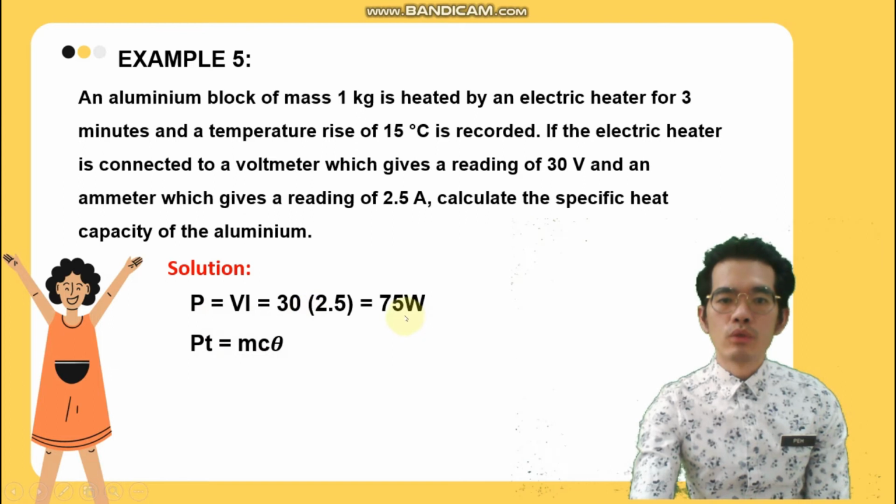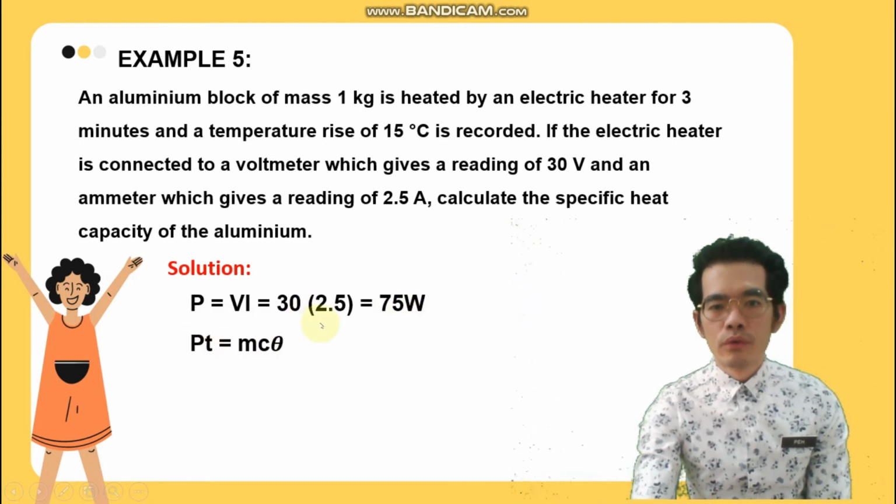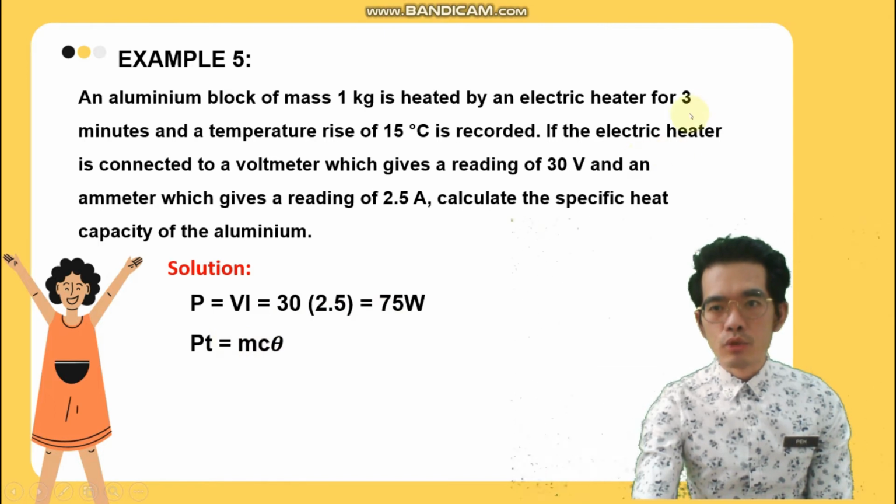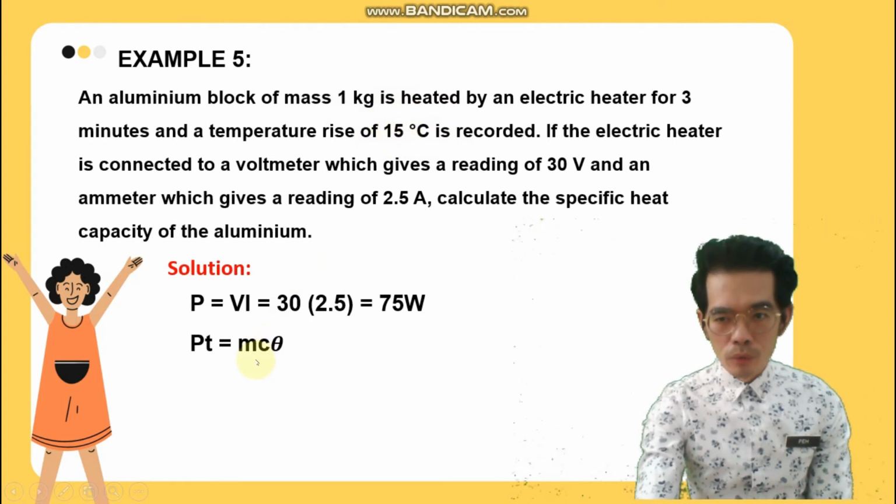So we substitute the value of P with 75. T is 3 minutes, we need to change to seconds by multiplying with 60, and m given by the question is 1 kg, and the temperature change is 15. Then we rearrange the formula.